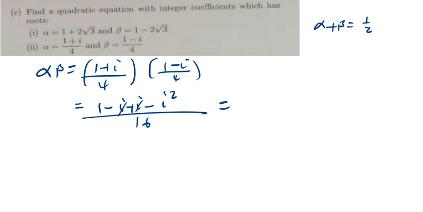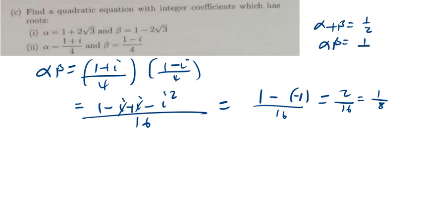So the i terms cancel, and we have 1 minus negative 1 over 16. That is 2 divided by 16, so it's 1 over 8. So alpha times beta is 1 over 8. Now let's go ahead and find the equation.